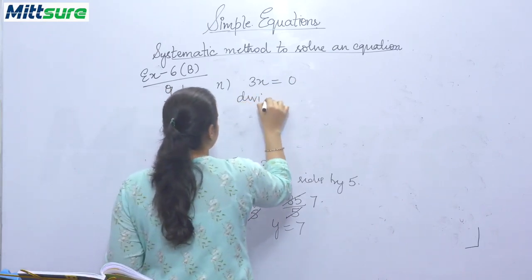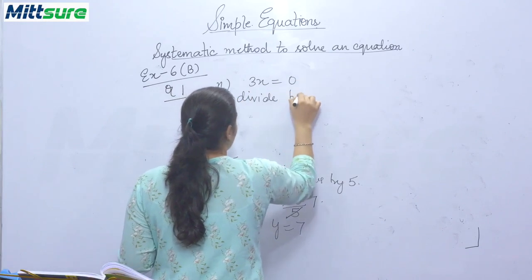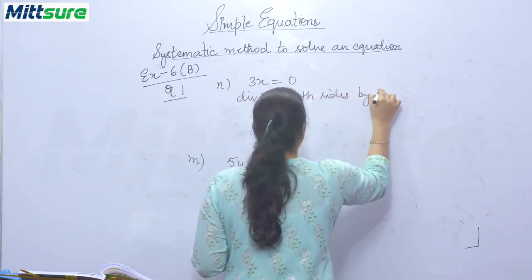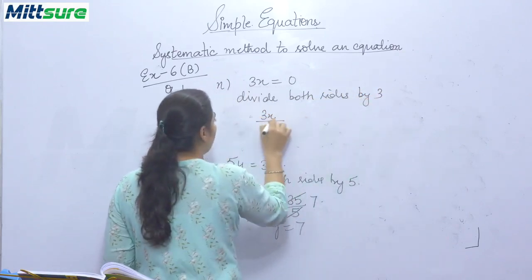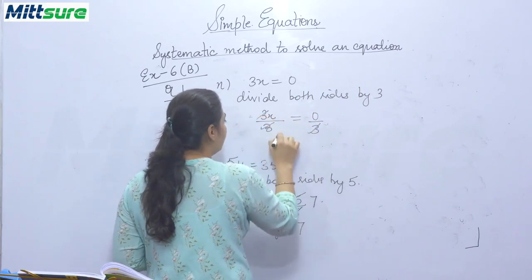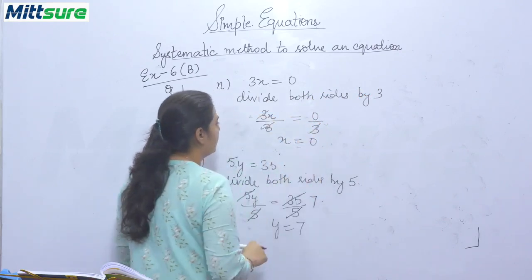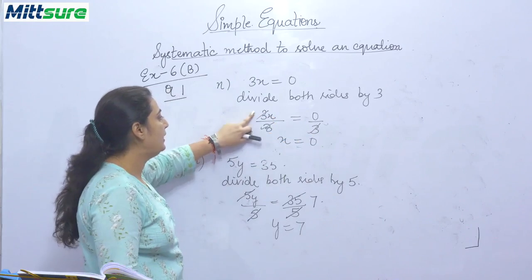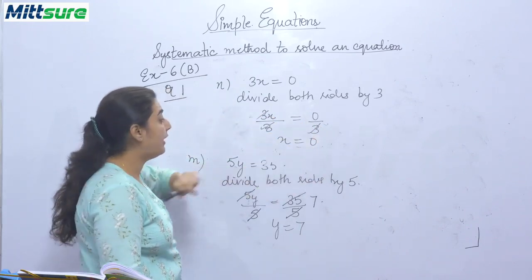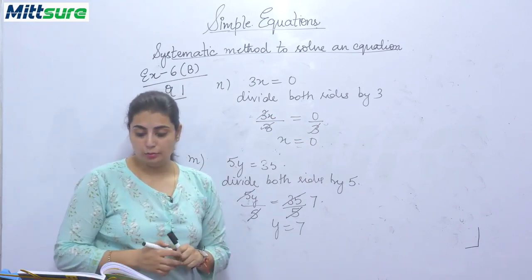Divide both sides by 3. 3x upon 3, 0 upon 3. Here 3 cancels 3. 3 cannot cancel 0, so it will be 0. So the value of x comes to be 0 only.